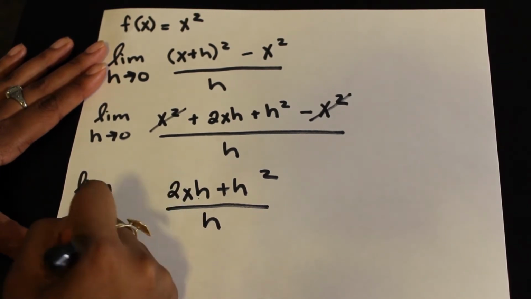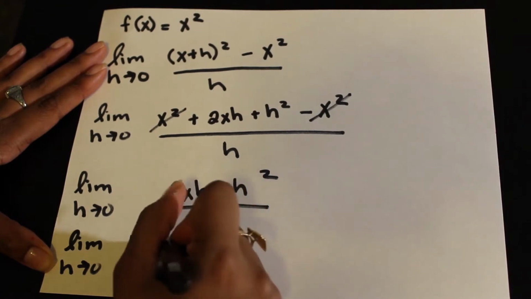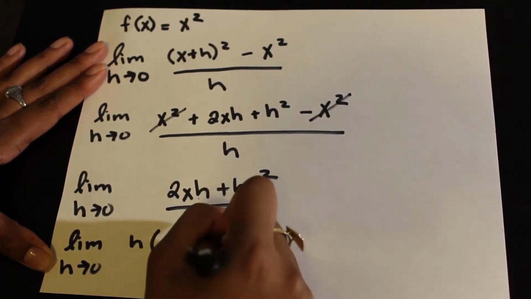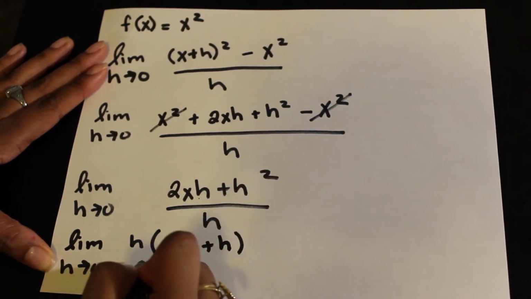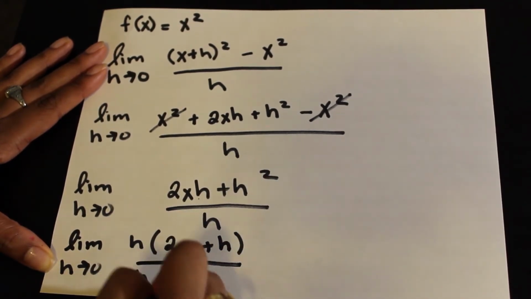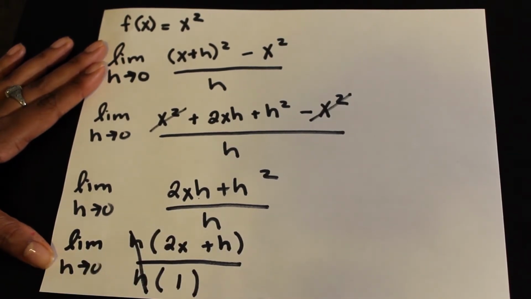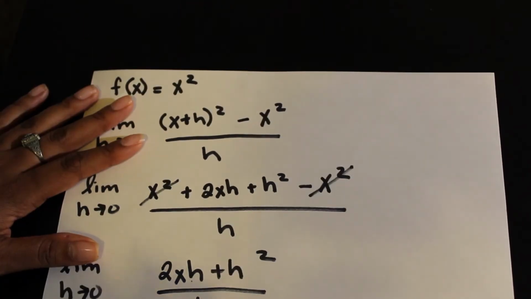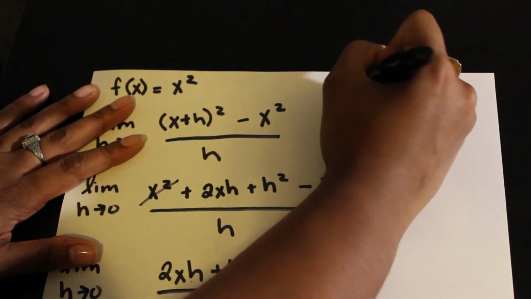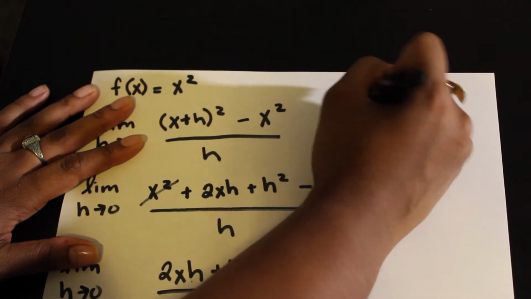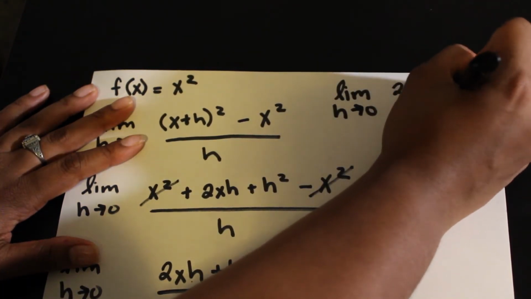So I have the limit as h approaches 0, factor out the h, we're left with 2x plus 1h, all over, factor out the h, and you're left with 1. These cancel out. So now we have the limit as h approaches 0 of 2x plus h.